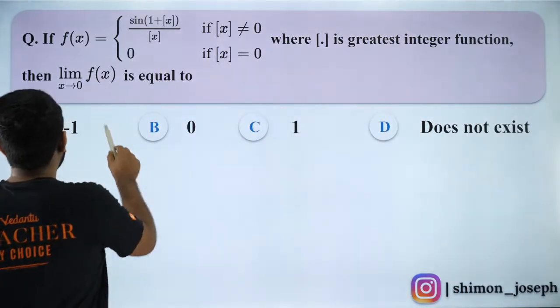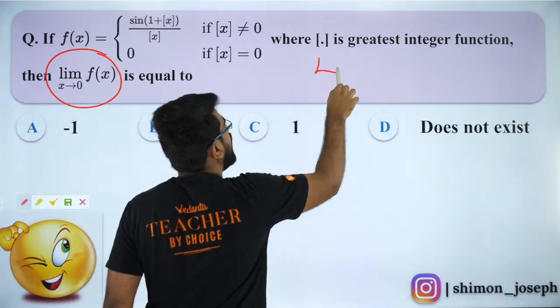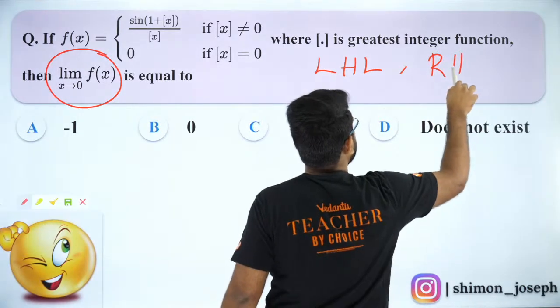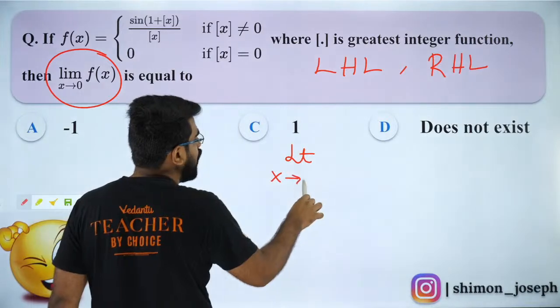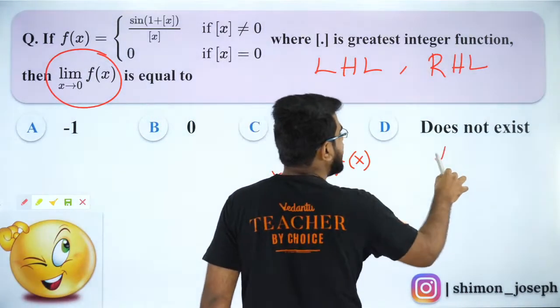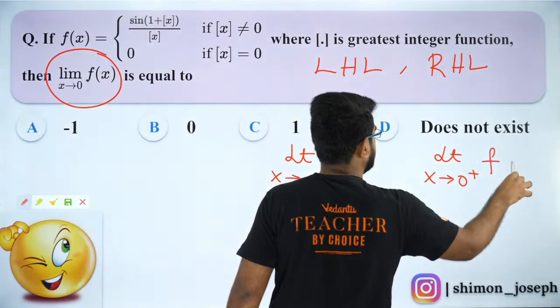So we wanted to find out the limit as x tends to 0 of f of x. So I need to find out LHL and RHL. LHL means limit as x tends to 0 minus of f of x. RHL is limit as x tends to 0 plus of f of x.